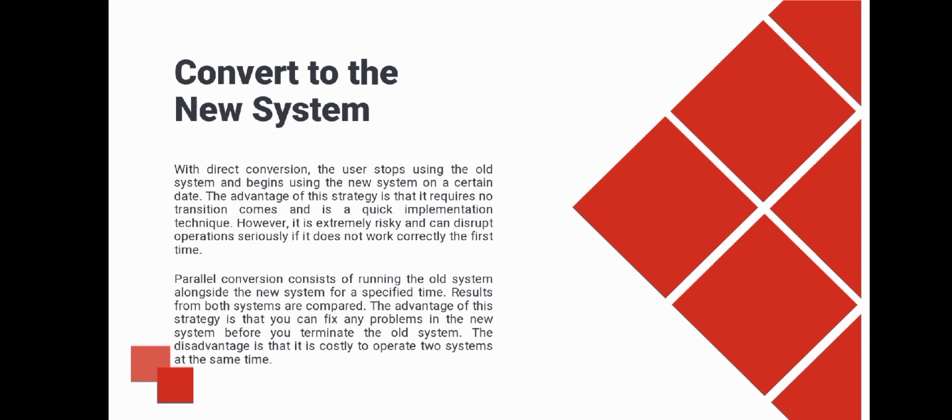Parallel conversion consists of running the old system alongside the new system for a specific time. Results from both systems are compared. The advantage of this strategy is that you can fix any problem in the new system before you terminate the old system. The disadvantage is that it is costly to operate two systems at the same time.